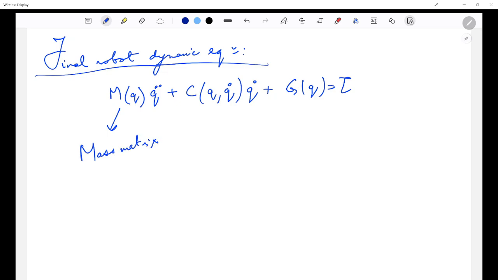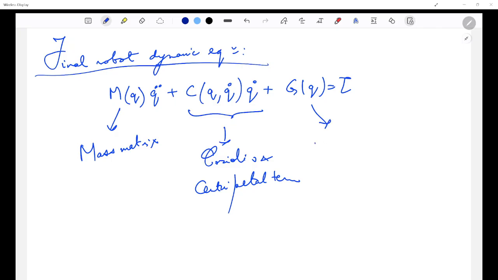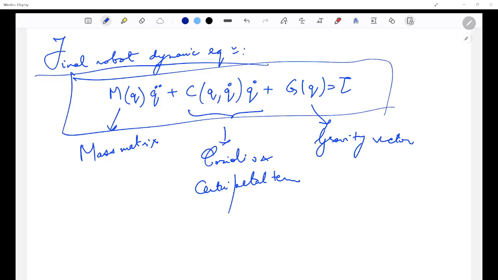It depends on the robot configuration, it is symmetric, and it is always positive definite. This complete term represents the Coriolis and centripetal terms. These basically represent velocity dependent forces and coupling between the joints. This is the gravity vector. It represents gravitational torque. All right, so this is the final equation of motion of a robot.